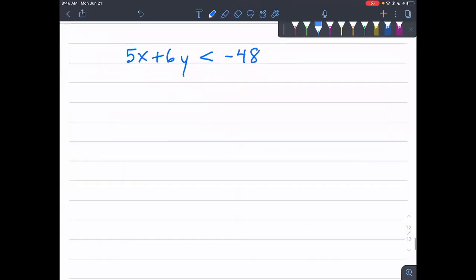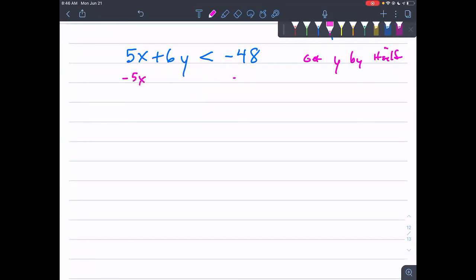So 5x plus 6y is less than negative 48. We want to get y by itself. On the last one, we didn't have to do anything there, but here we got to get rid of the 5x, got to get rid of the 6, and then y will be by itself.